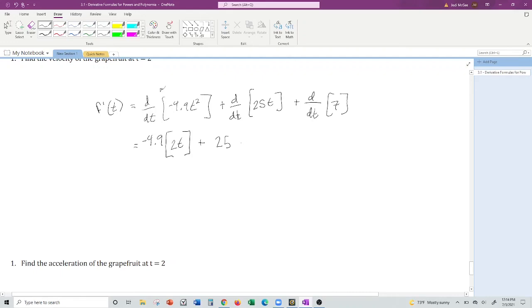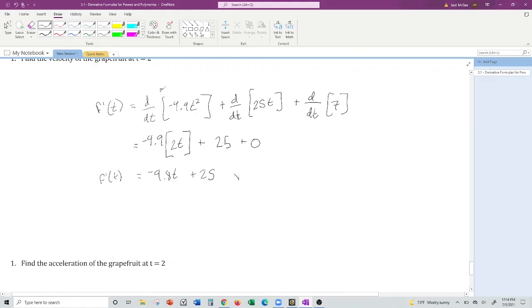And then we have the derivative of a constant, which we know is always going to be 0. So our derivative, f prime of t, is going to be negative 4.9 times 2t, which is negative 9.8t plus 25.